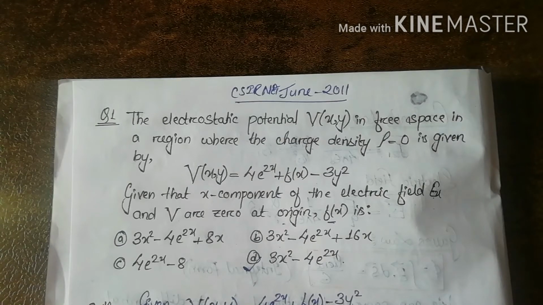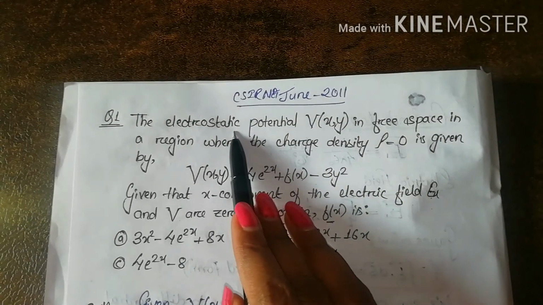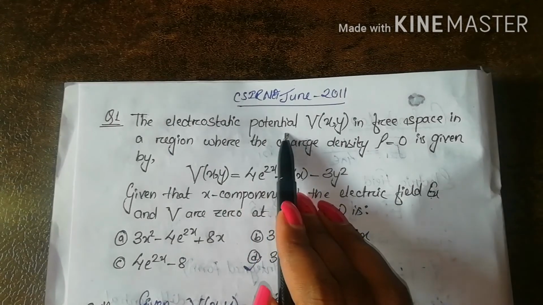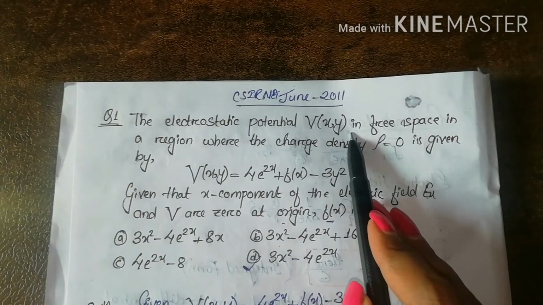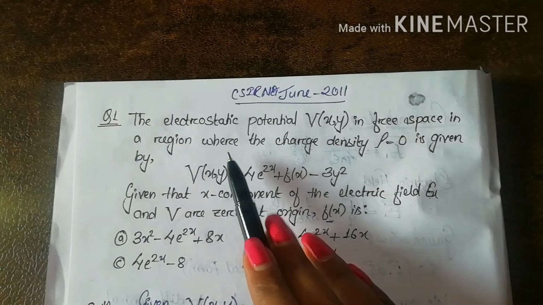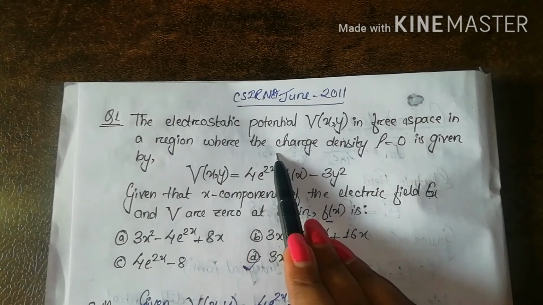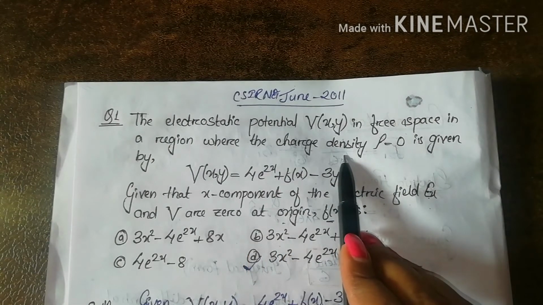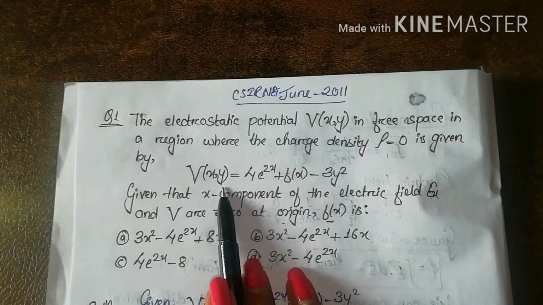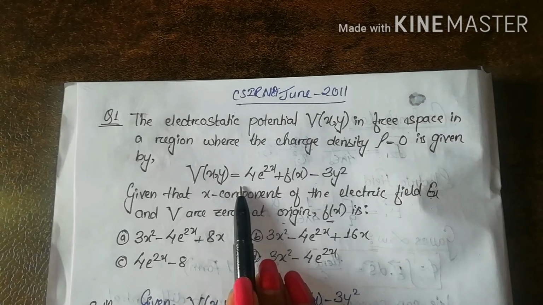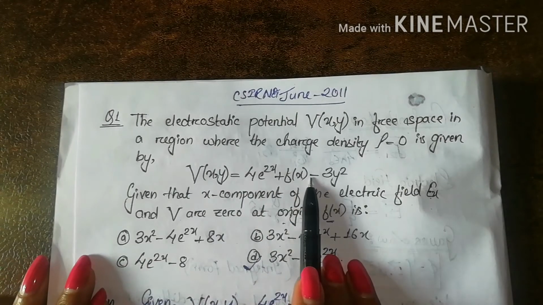So in this video we will discuss the CSIR NET questions of June 2011 of electromagnetic theory. The first question is: the electrostatic potential V(x,y) in free space, in a region where the charge density ρ is equal to 0, is given by V(x,y) = 4e^(2x) + f(x) - 3y².